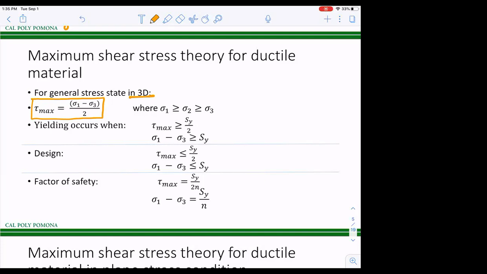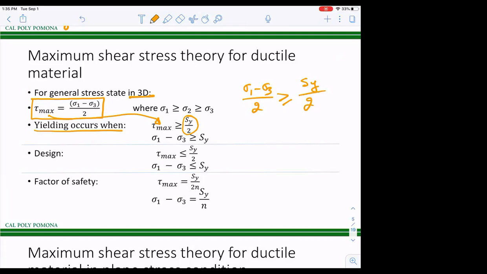Based on the maximum shear stress theory, yielding occurs if this maximum shear stress exceeds half the yield strength of the material. So if sigma 1 minus sigma 3 divided by 2 exceeds or becomes equal to half the yield strength, then we're done with the structure.